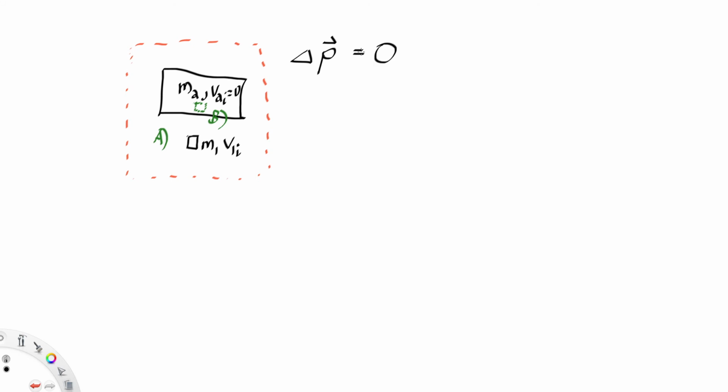So there's no change in momentum, which means that the momentum at A is equal to the momentum at B. And here, when we were doing energy analysis, it was point A and point B, but now we're looking at time A and time B. At time A, just before the collision, the only thing that had momentum was the bullet. So we have m1 v1 initial.